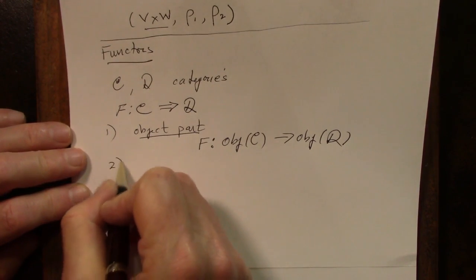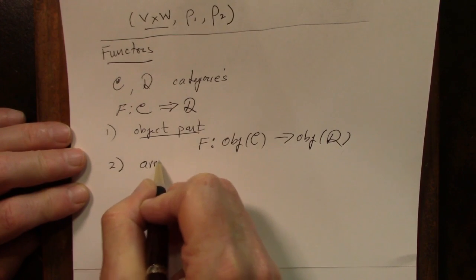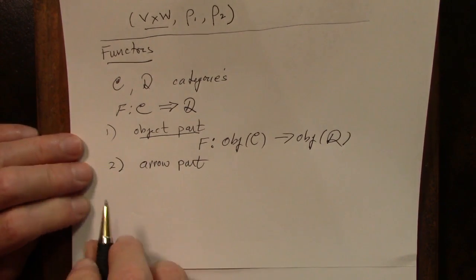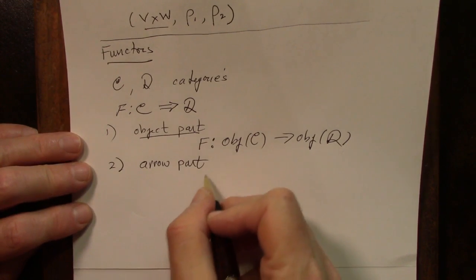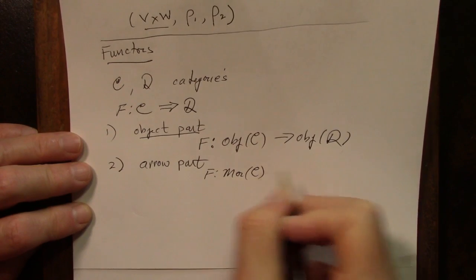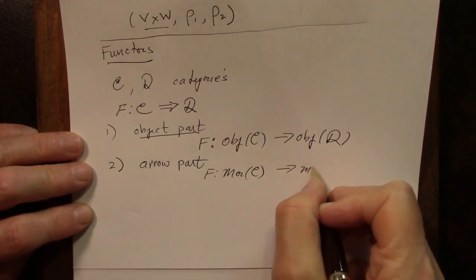It's going to have an arrow part, which is a function from the morphisms of C to the morphisms of D.